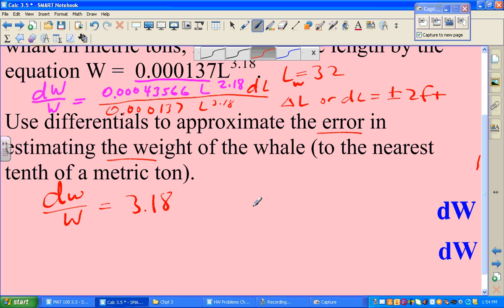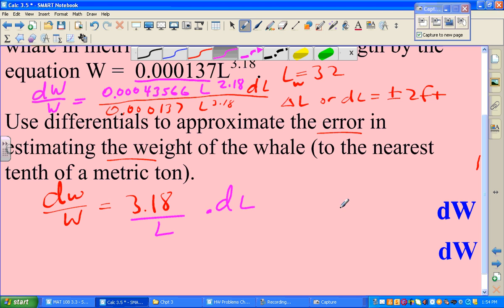L to the 3.18, or 1 over L, sorry, divided by L times dL. Well, you subtract exponents, don't you, when you divide with the same base?